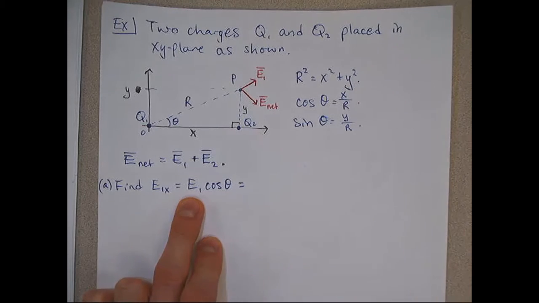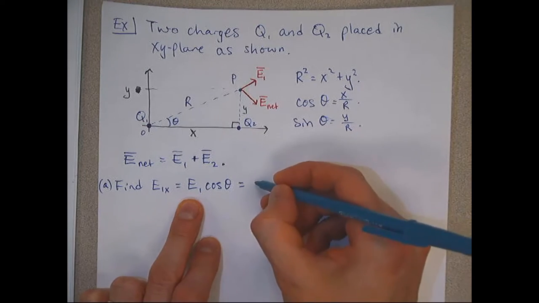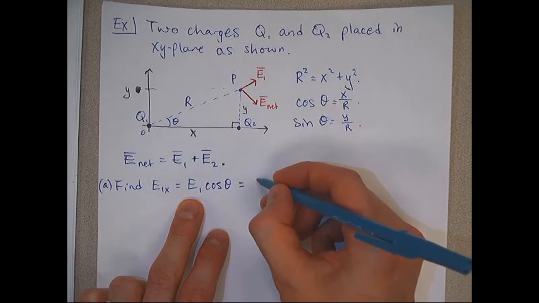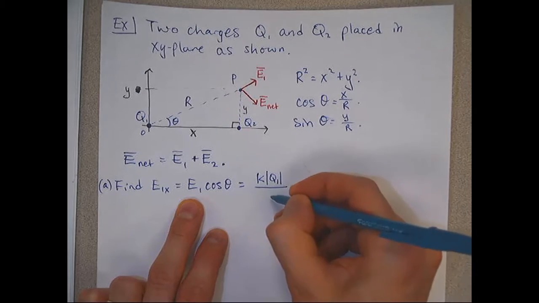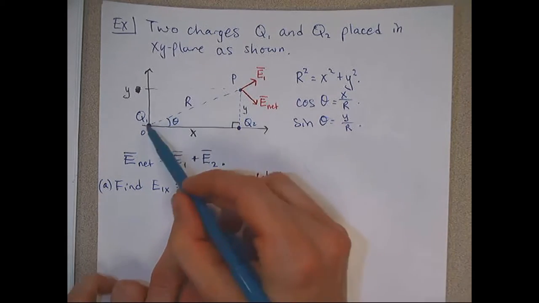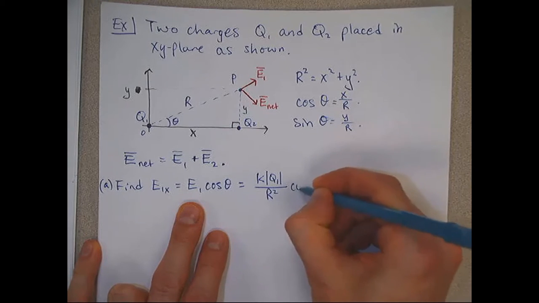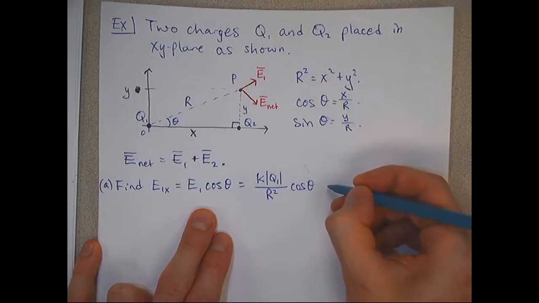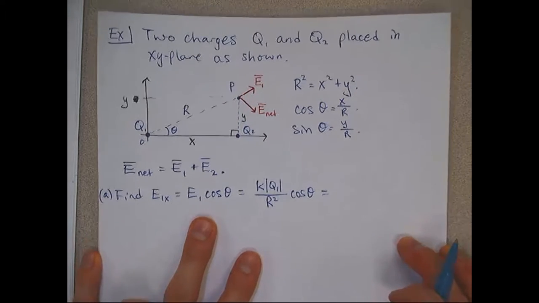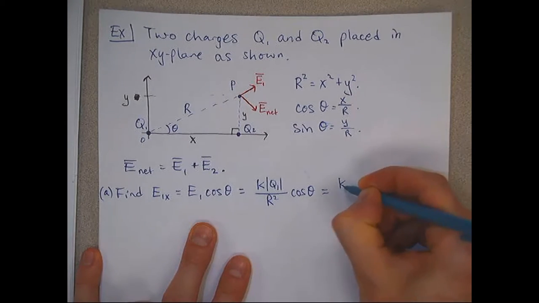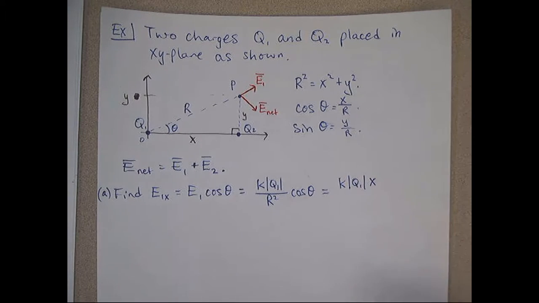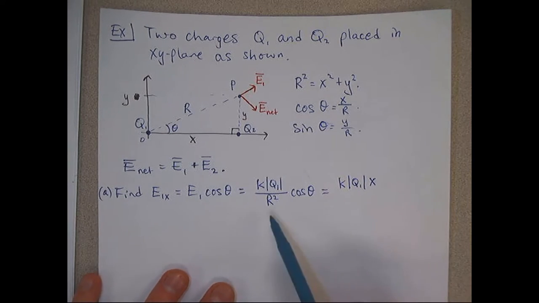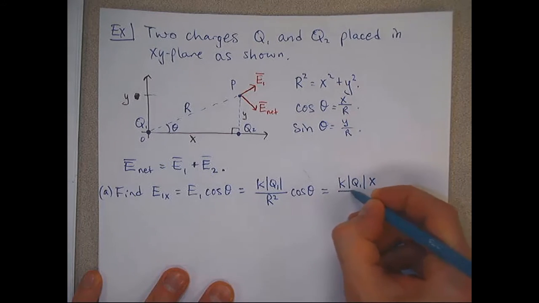Using the derivation that we just showed, the electric field E1 has a magnitude of K, absolute value Q1, over this distance, capital R squared. So you can see that E1x will take on a value K, absolute value Q1, x over R comes from this factor of cosine theta, and our R squared is x squared plus y squared.